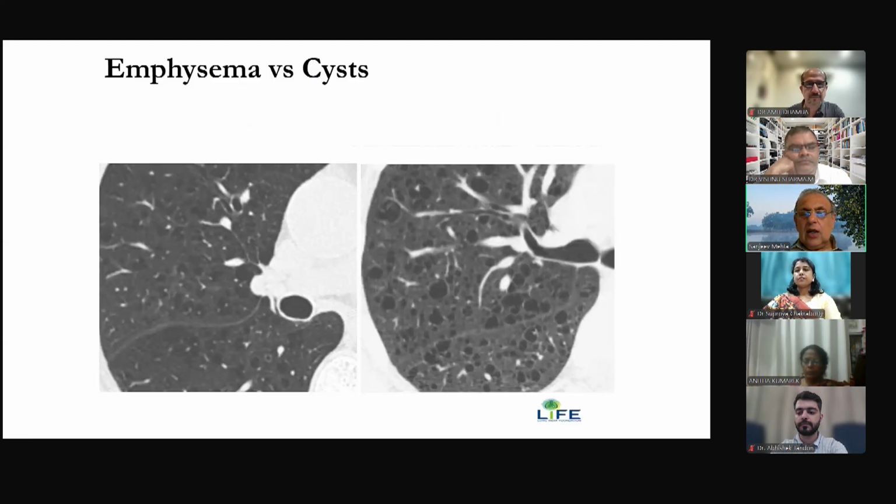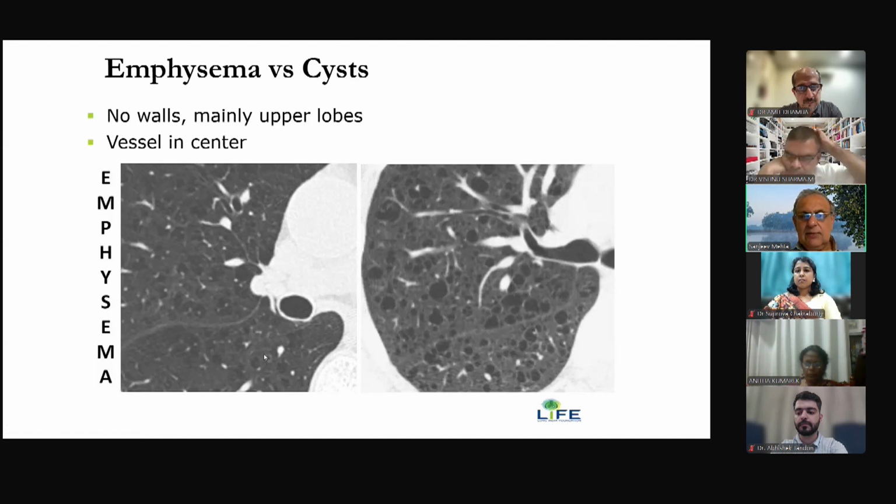Then, the other thing that mimics cysts is the presence of emphysema. What happens with emphysema is it has no walls, usually seen in the upper lobe, but you will identify a vessel in the center. I don't know if my arrow can be seen, but this is classic emphysema. You can see areas of low lung attenuation.